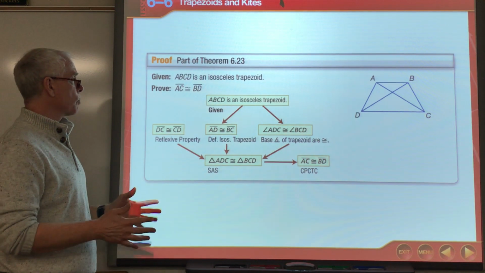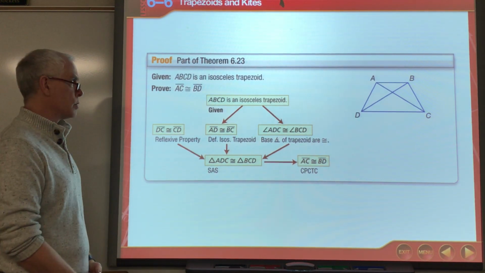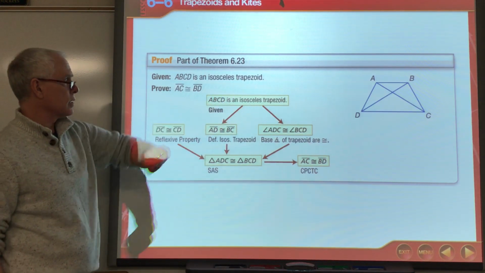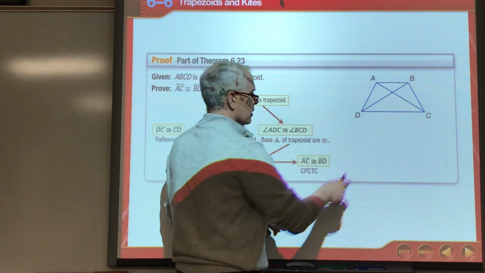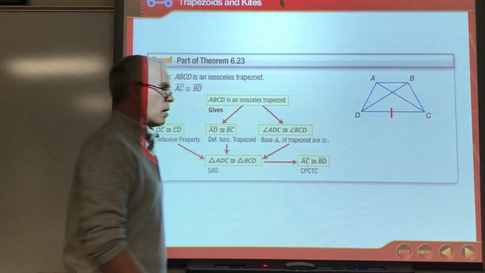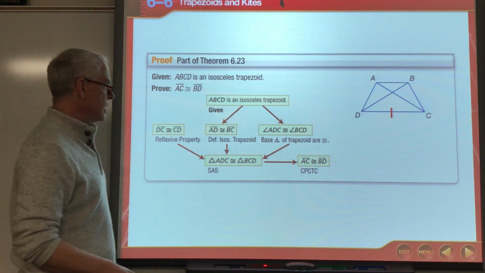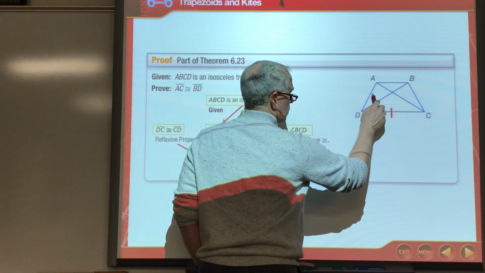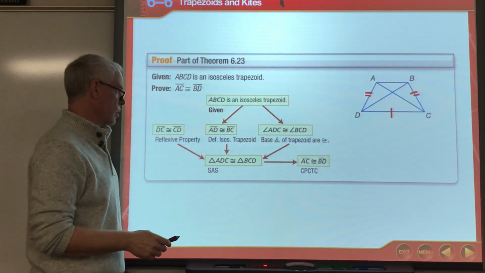Okay? So a quick proof as to why the diagonals are congruent in an isosceles trapezoid. If you look at this isosceles trapezoid over here, DC and CD are congruent, so I've got that base. It's really a shared side of a couple of different triangles. AD and BC are congruent because the legs of an isosceles trapezoid are congruent.